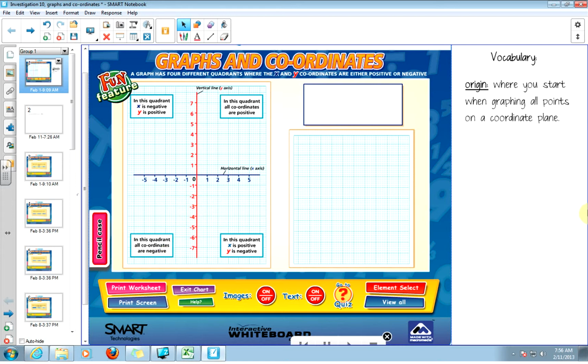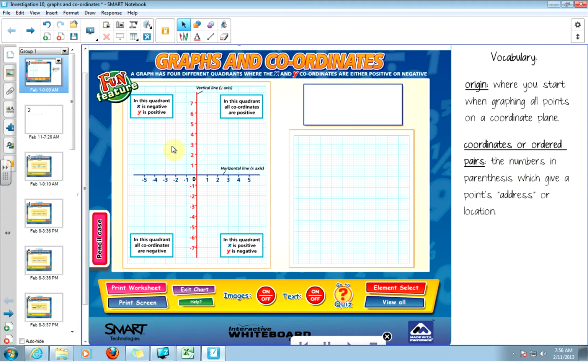Alright, so let's talk about the coordinates or ordered pairs. These give a point's address or location. An ordered pair looks like this. You have 2 numbers in the parentheses.